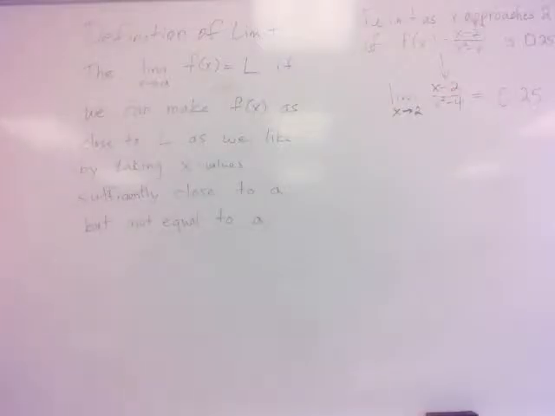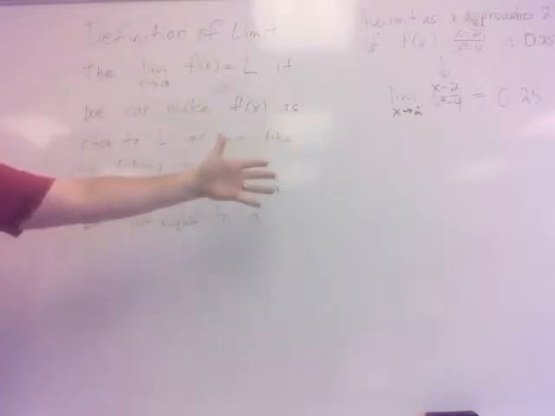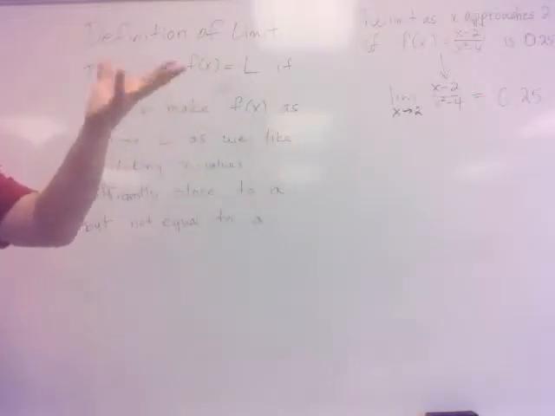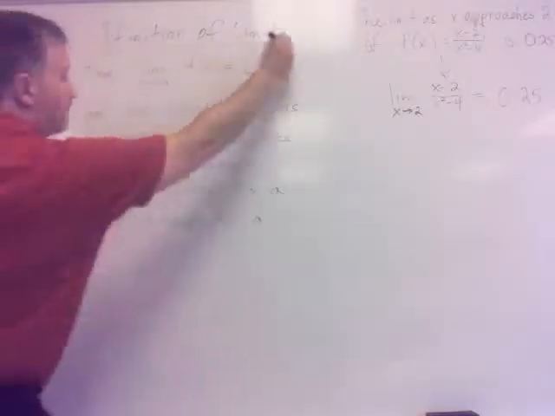We were taking the x values closer and closer to a, and we were seeing that we could make f of x be as close to that L, the 0.25, as we wanted. We were very close with the ones we had. We were within 1,000 at least in several of those cases, and we could have gotten even closer, right, if we'd chosen x to be sufficiently small. And so that's kind of a formal definition.